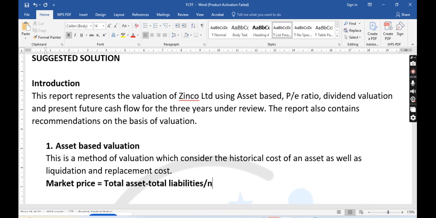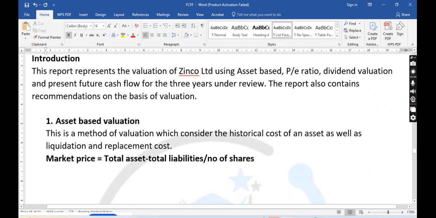Don't forget, total assets minus total liabilities, over the number of shares. We give you net assets, so we pick it one after the other. I'm just doing it for the purpose of this class, but I will remove it.